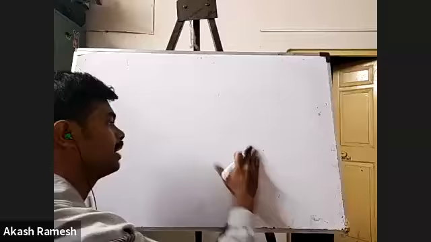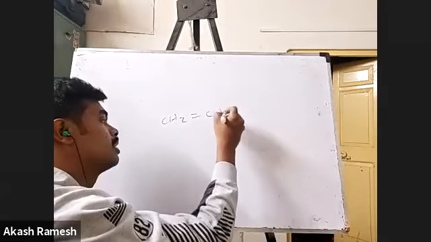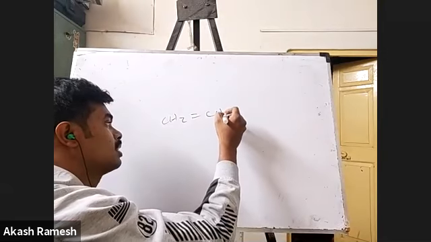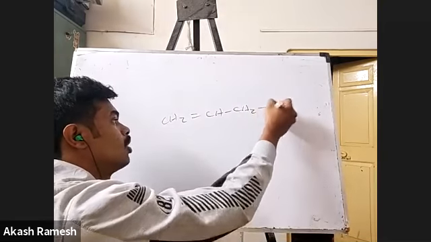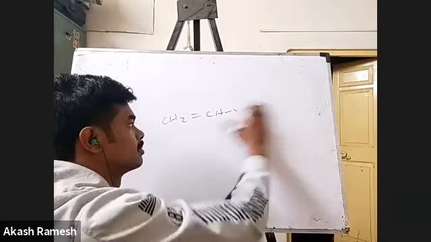Say I have a structure like this: CH2 double bond CH, CH2, OH.